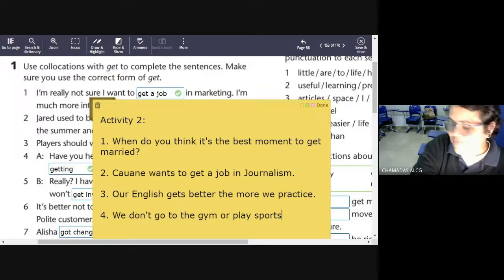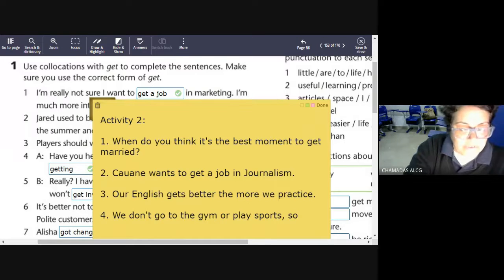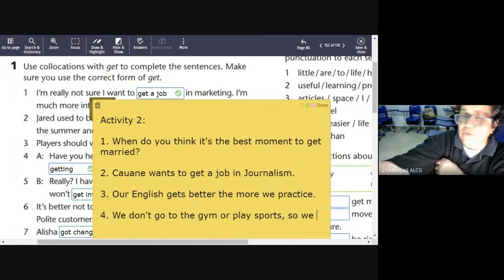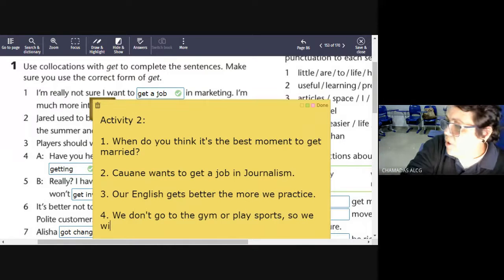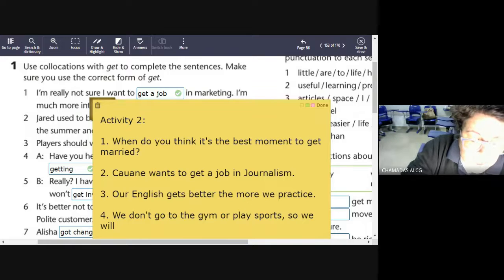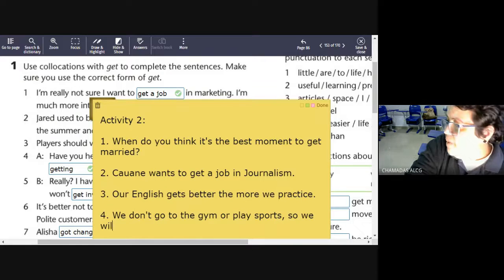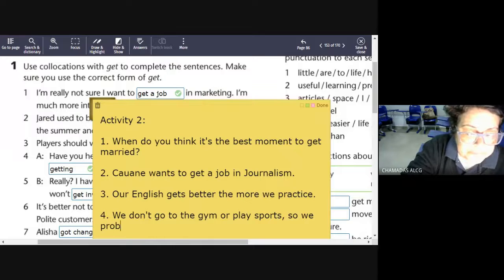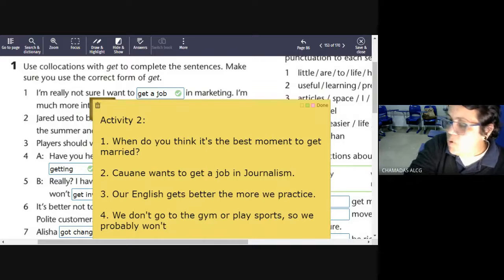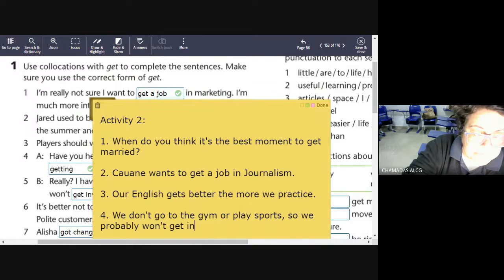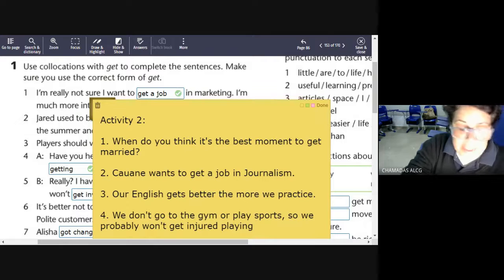So, let's use an example from the lesson, right? We probably won't get injured playing anything.